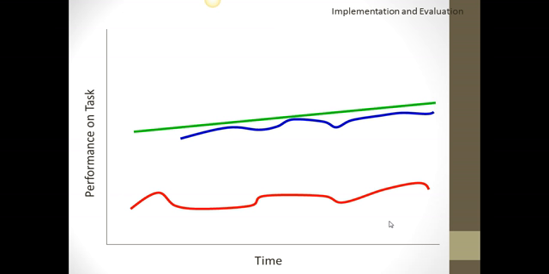Notice here that our goal line, or the green line, the top straight line, is now slanted. Typically, performance on a task, those expectations change over time and typically become more and more difficult. In other words, the expectations become higher.